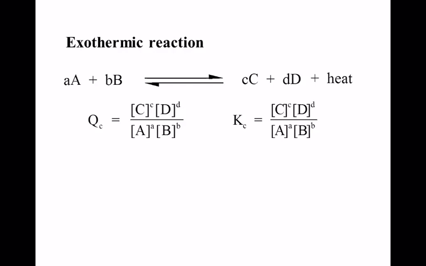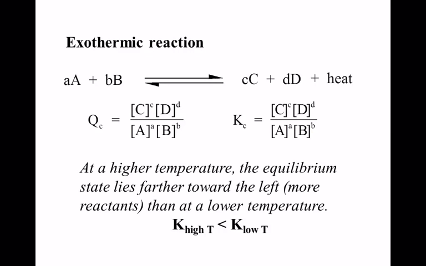We're going to favor the formation of our reactants, which are in the denominator of our Kc expression, making the Kc smaller. So if it's exothermic, then at higher temperatures your Kc will be smaller. However you want to think about that, that's why it's happening.